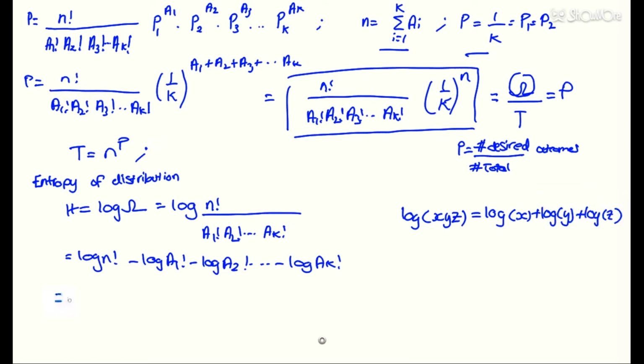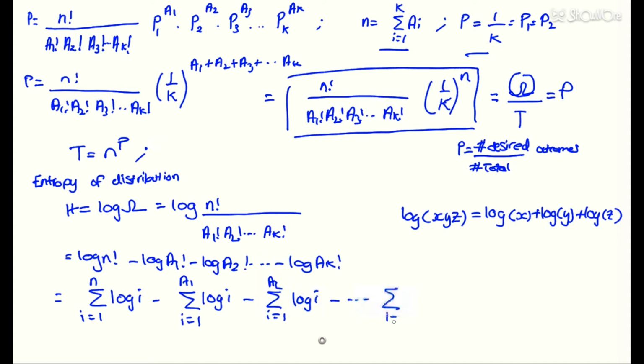Therefore, you can say that this is the same as sigma i equals 1 till n of log i, minus sigma i equals 1 to a1 of log i, minus sigma i equals 1 to a2 of log i, till minus sigma to ak of log i, right?